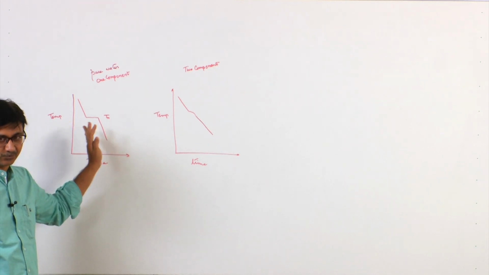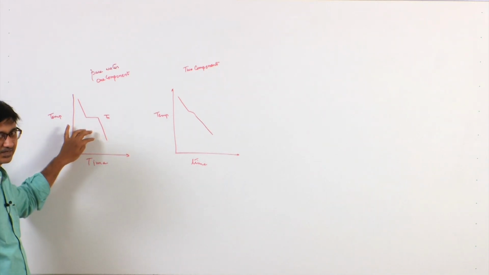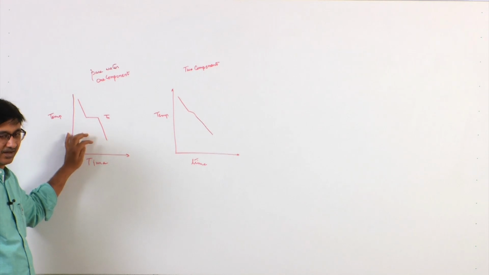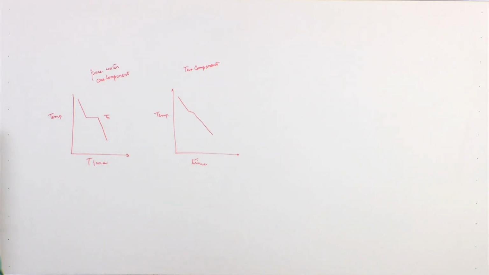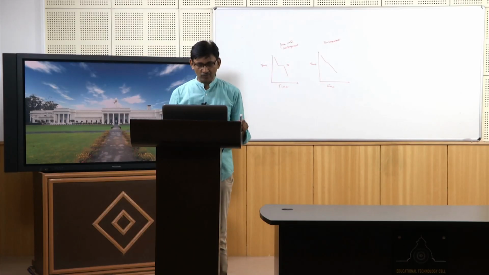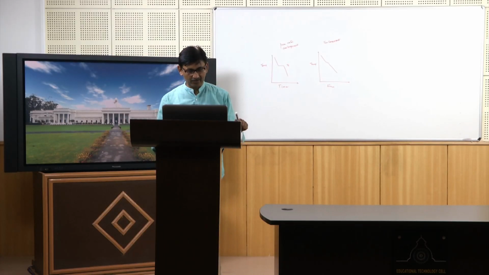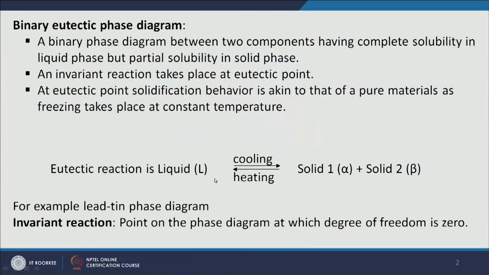Though we have two components, the transformation will be like this, and we will see why. First, let me tell you what we mean by eutectic. A eutectic reaction tells me that a liquid phase will transform into two solid phases simultaneously.